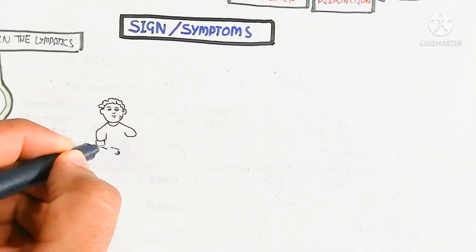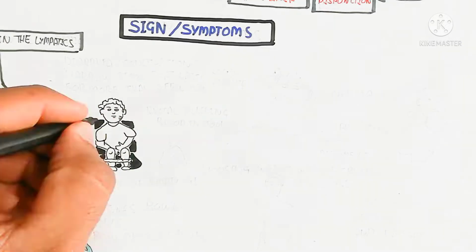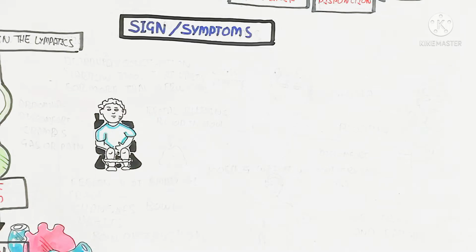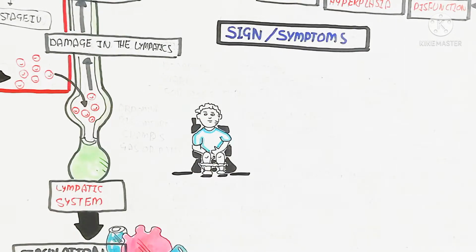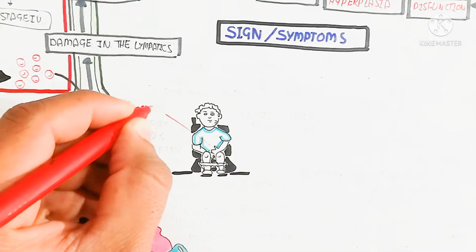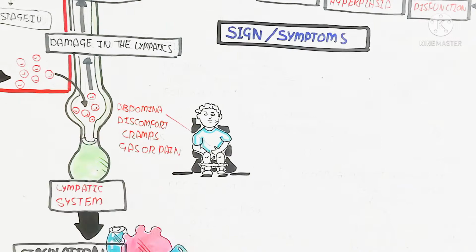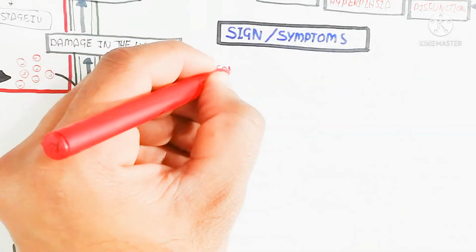So the signs and symptoms, if we discuss cancer: here is abdominal discomfort, cramps and gas or pain, and during going to the washroom, the bathroom, rectal bleeding, blood in stool will occur.